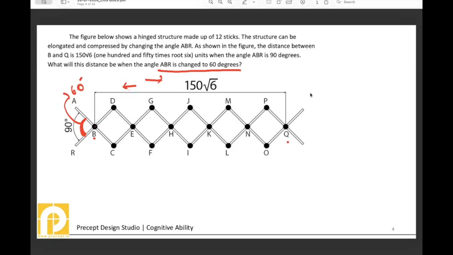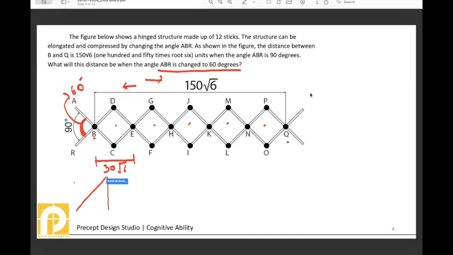Now, in the current situation when the ABR angle is 90 degrees, the length BQ is 150 root 6. The BE length is 1/5 of the total length of BQ because it is divided into 5 modules. So 150 root 6 divided by 5, which is 30 root 6, is the size of BE.